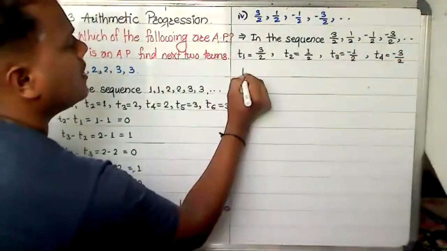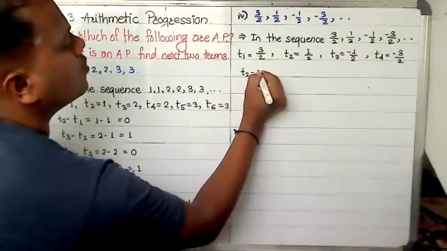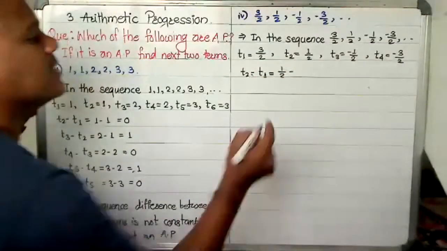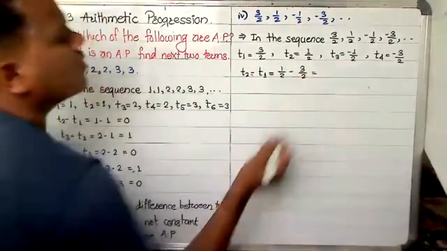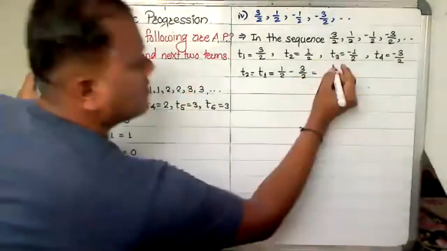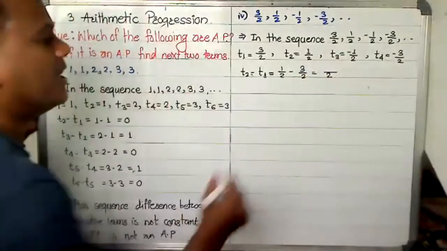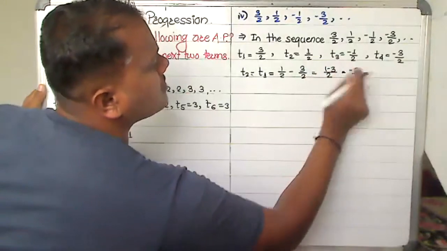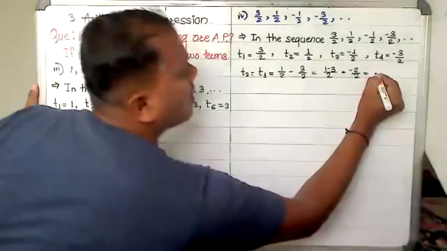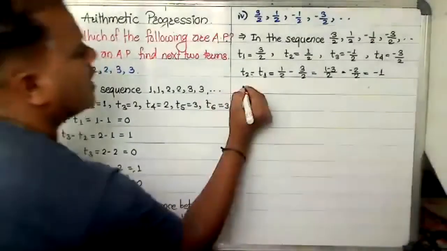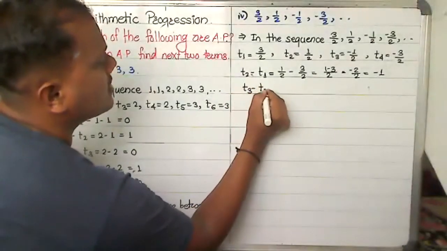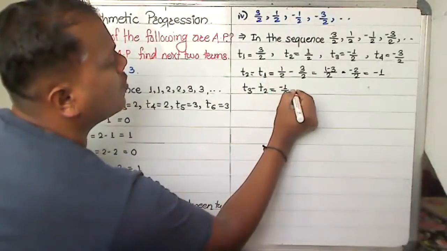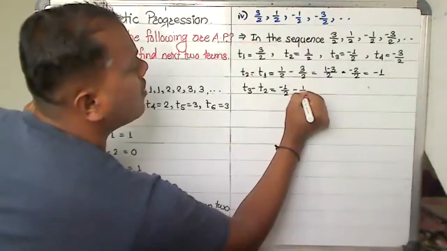So T2 minus T1: T2 is 1 by 2 minus 3 by 2. The denominator is the same, so 1 minus 3 is minus 2 by 2, so the common difference is minus 1. Again T3 minus T2: the value of T3 is minus 1 by 2 minus the value of T2, 1 by 2.